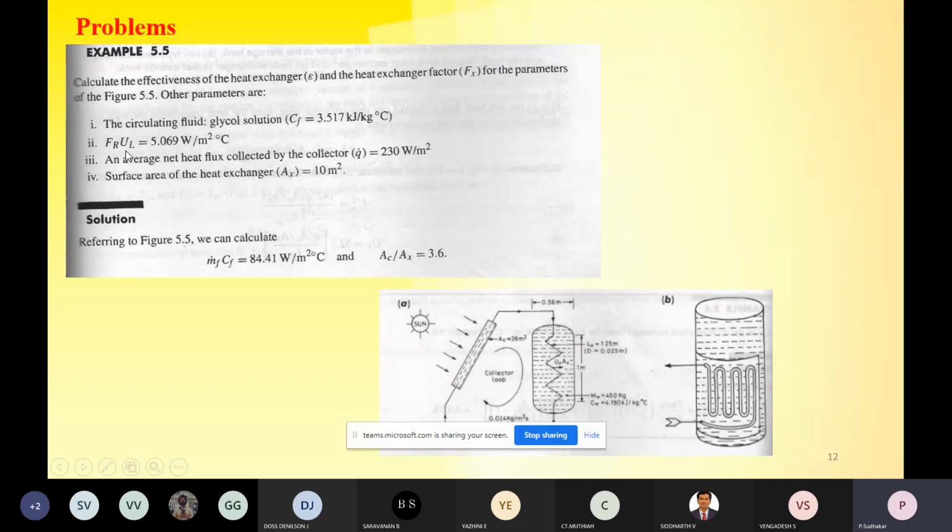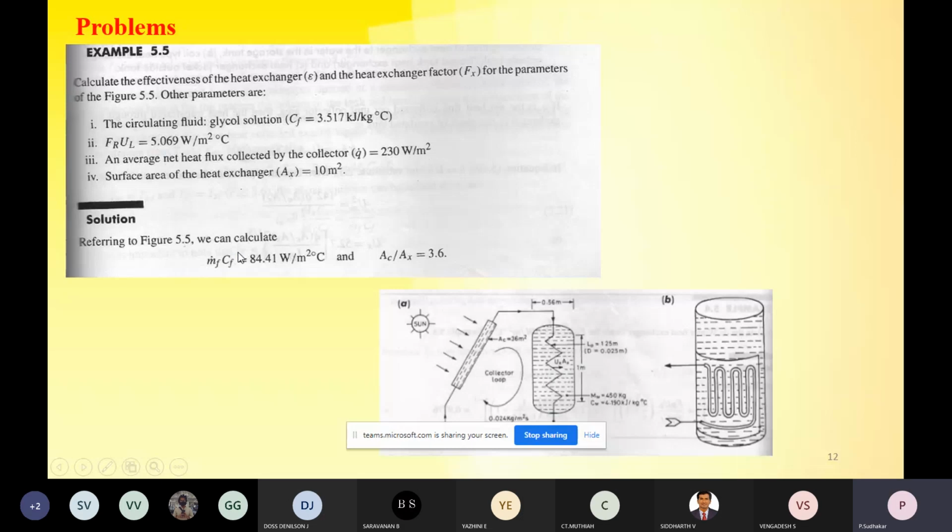FRUL is 5.069 watt per meter square degree centigrade. The average net heat flux collected by the collector, Q dot, is 230 watt per meter square. The surface area of the heat exchanger is 10 meter square.